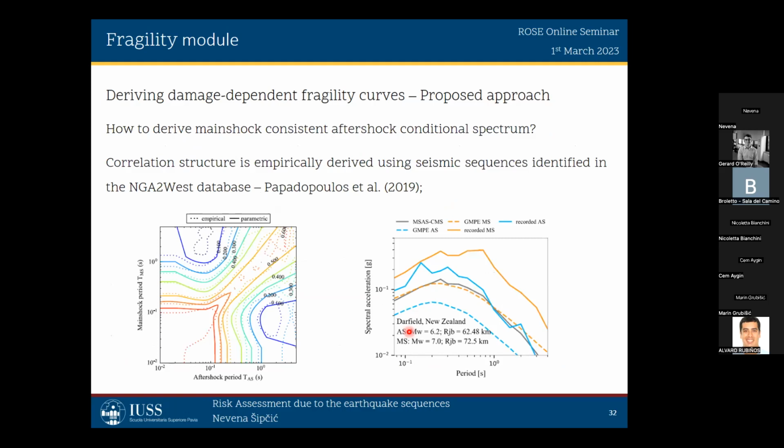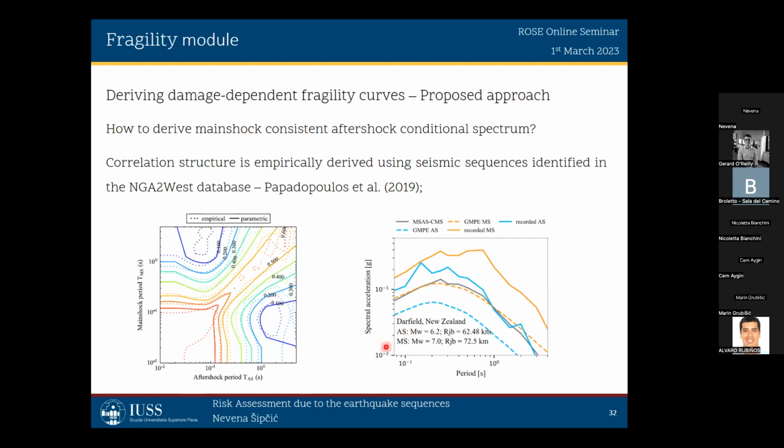So we use the correlation structure, which was empirically derived using the seismic sequences that were identified in the IUSS database, and this was done by Thanasis in 2019. And you can see here the correlation between the main shock and aftershock spectral ordinates.